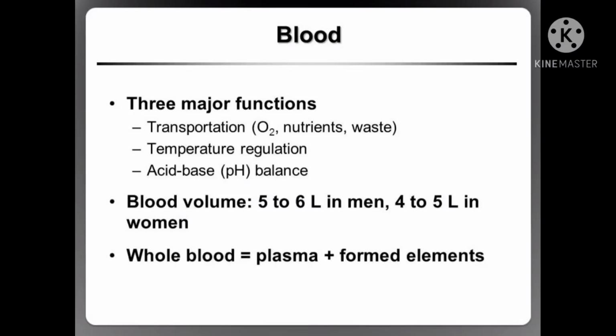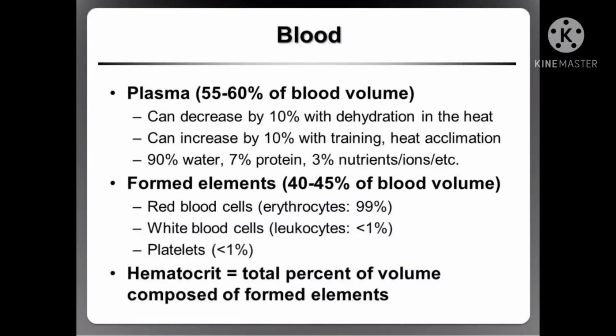Whole blood is plasma plus formed elements. So this is the plasma, 55 to 60% of blood volume. Formed elements are 40 to 45% of blood volume. Hematocrit is the total percent of volume composed of formed elements.